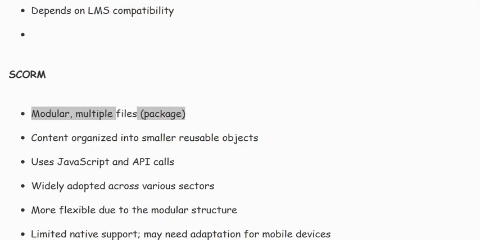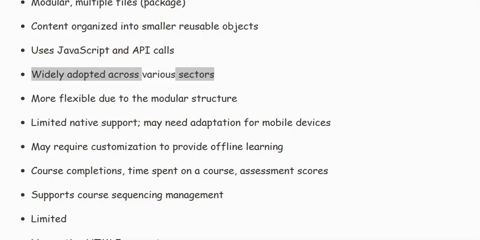SCORM. Modular multiple files package. Content organized into smaller reusable objects. Uses JavaScript and API calls. Widely adopted across various sectors. More flexible due to the modular structure. Limited native support, may need adaptation for mobile devices.